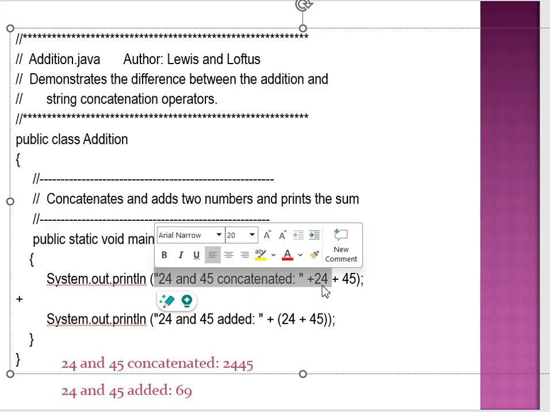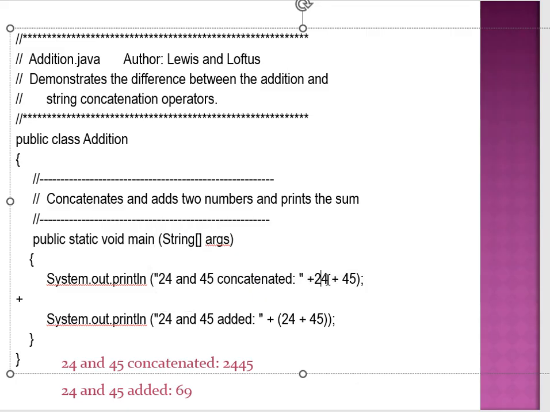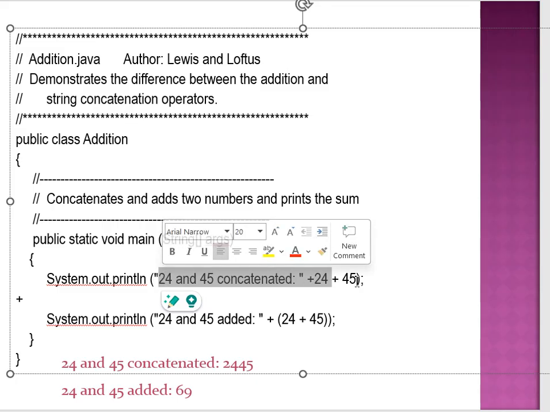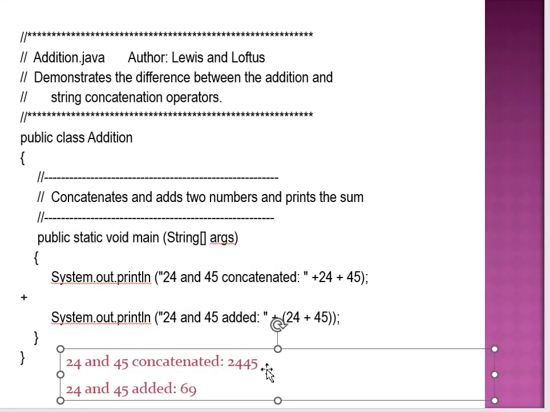An alphanumeric is treated as a string. So because this combination is alphanumeric, it is treated as a string. Plus another thing, it is still alphanumeric, and therefore we simply concatenate all these values together. And what we get is this result here.